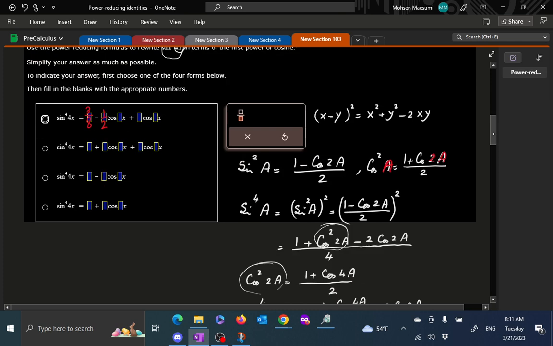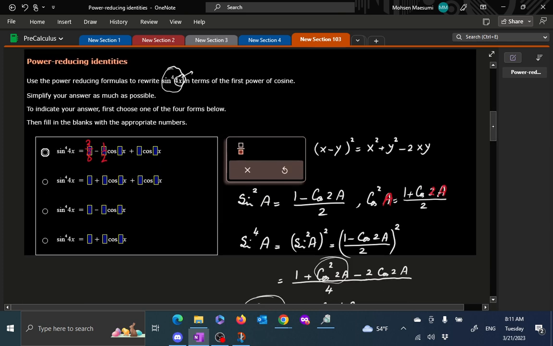We had 8x, is that right? 8x. And then we had 1/8 of cosine of 16x. This doesn't fit because it's plus here. This doesn't fit because it's missing one of the terms. So these don't work in our case. That is the trend in this section. All of the problems here have this built into them. Now some little bit of twists and turns here and there.